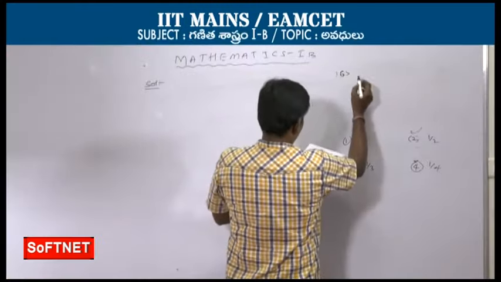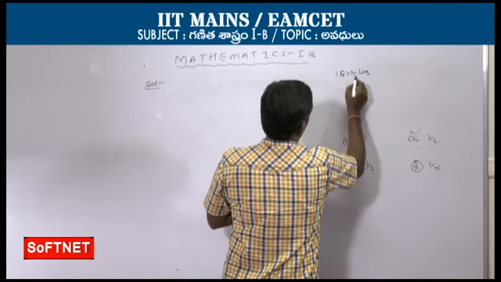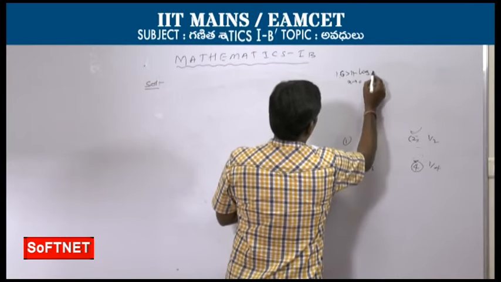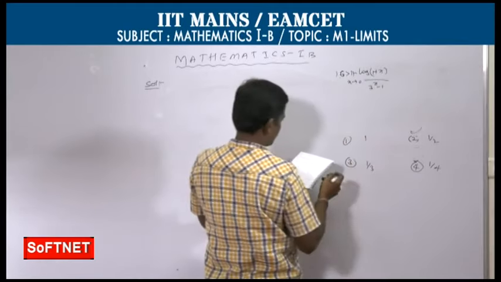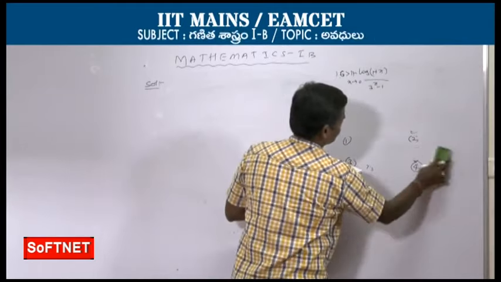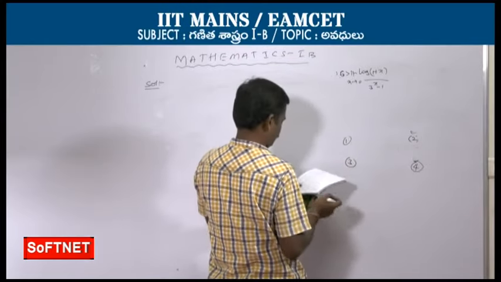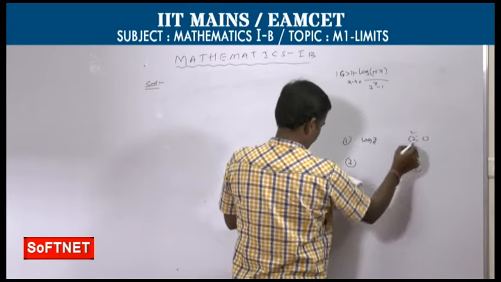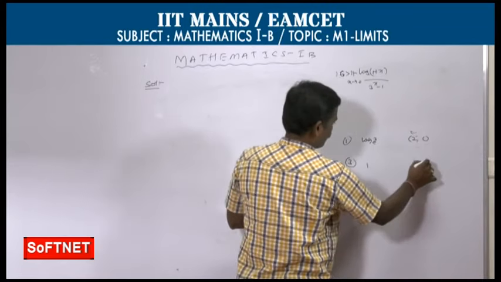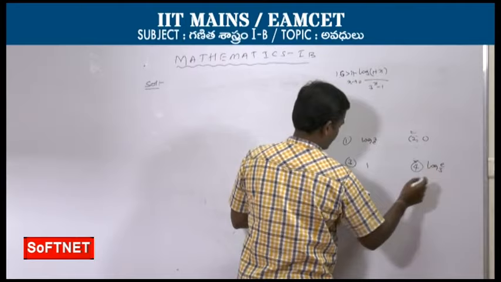16th question. Limit x tends to 0, log of 1 plus x, by 3 power x minus 1. Options are log 3 to the base e, 0, 1, log e to the base 3.